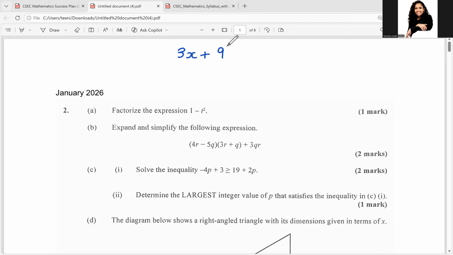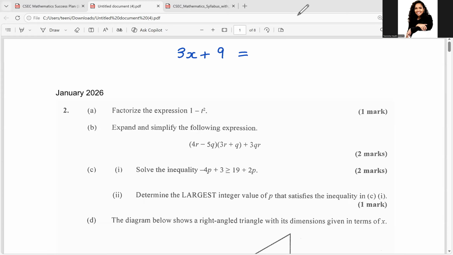If you notice, 3x and 9 both have a common factor. A factor is a number or a term that can go into another one without leaving a remainder. The factors of 3 are 1 and 3. The factors of 9 are 1, 3, and 9. So together, 3x and 9 both have the common factor 3.